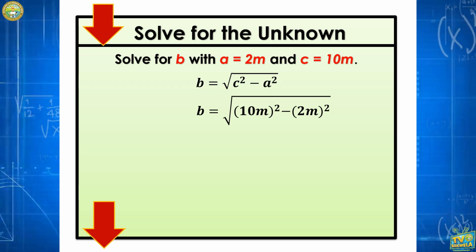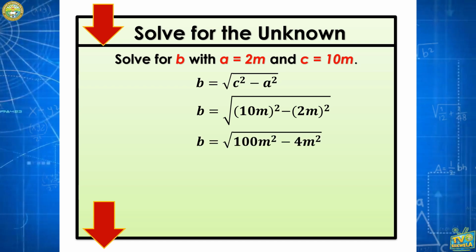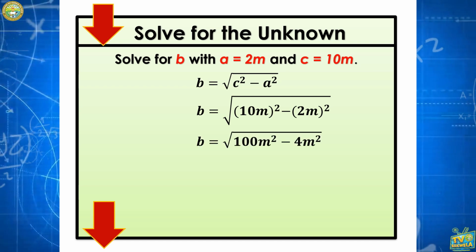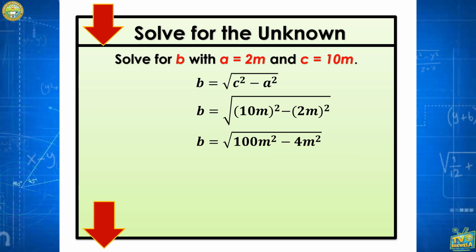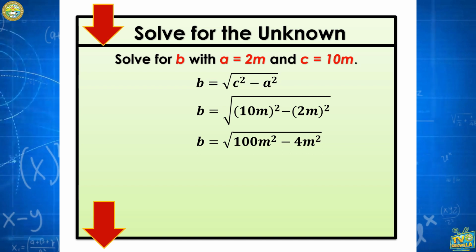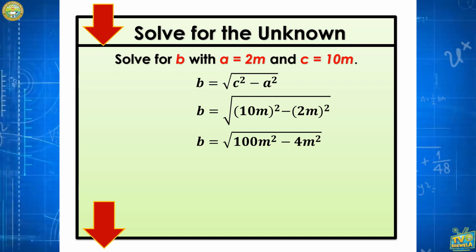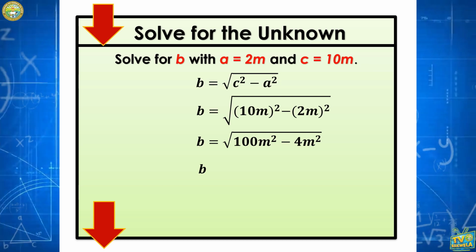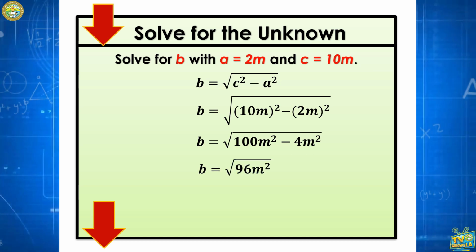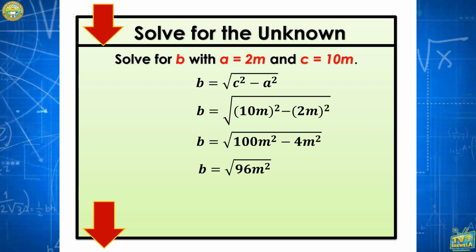Squaring the numbers inside the radical makes B equals square root of 100 meters squared minus 4 meters squared. Perform the indicated operation. Now, B equals square root of 96 meters squared.